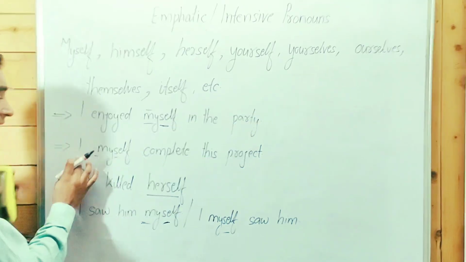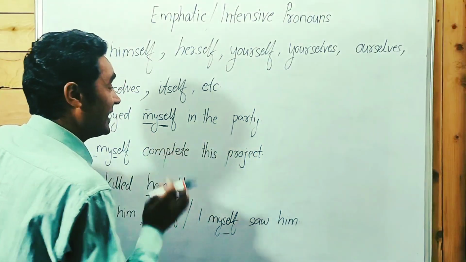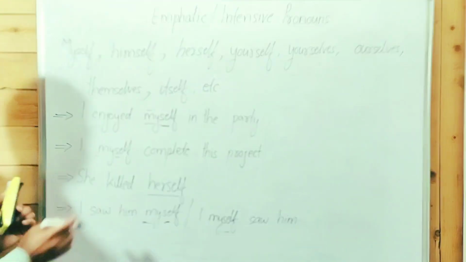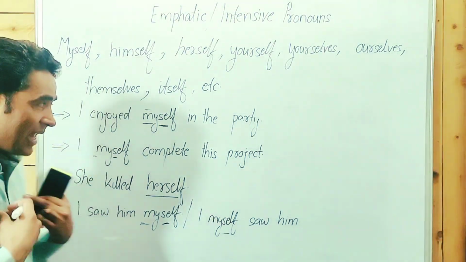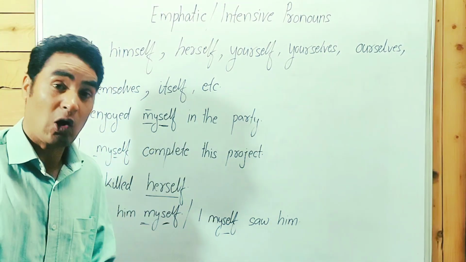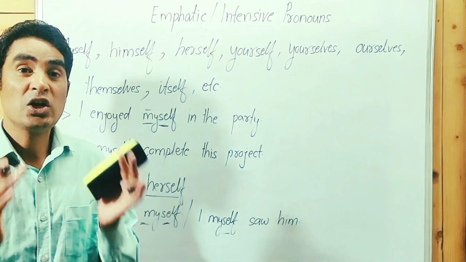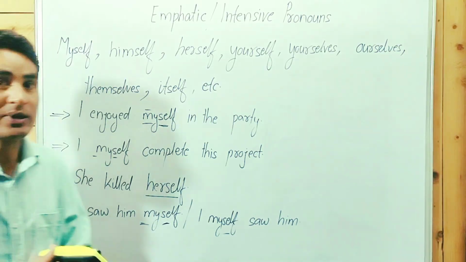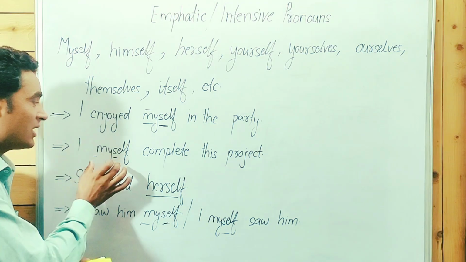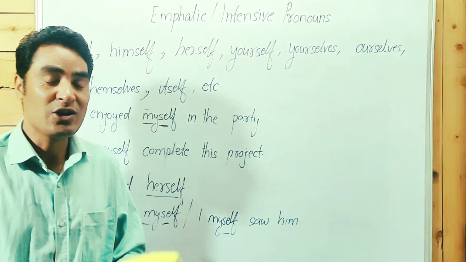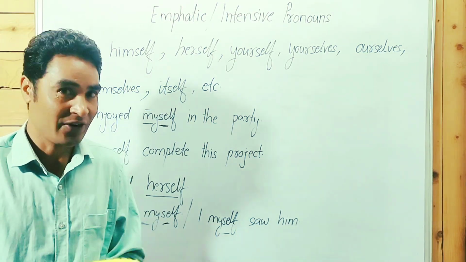Guys, point to be noted. I complete this project. This is a correct sentence. If you write I myself complete this project, it's also a correct sentence. There is a little bit of change, but it emphasizes. As I mentioned, emphatic pronouns are used to give emphasis on a noun or pronoun.